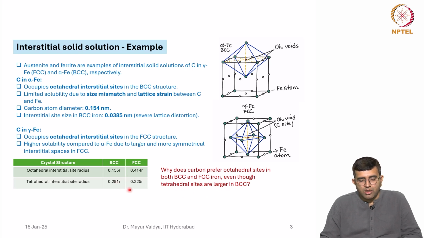If you see here, the tetrahedral sites in BCC are 0.291 R, where R is the radius of the parent atom, whereas in FCC it is 0.225 R. Still, the carbon prefers, or rather, if you compare in BCC, the octahedral site radius is 0.155 R, which is much smaller than the tetrahedral site, but it still prefers an octahedral interstitial site. So, maybe an activity question for you to work out.